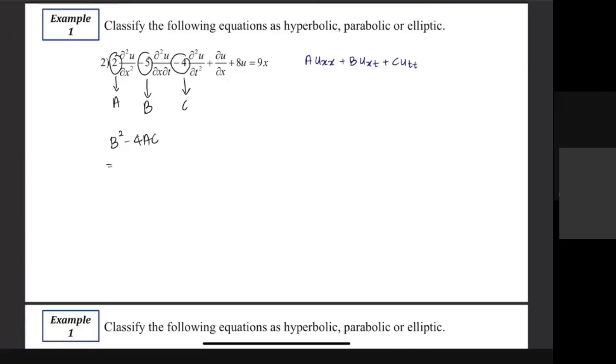B square. So B, don't forget the minus here. B is minus 5 square minus 4, A is 2, C is negative 4. When you calculate, you will get 57, which is greater than 0. So the equation is hyperbolic.